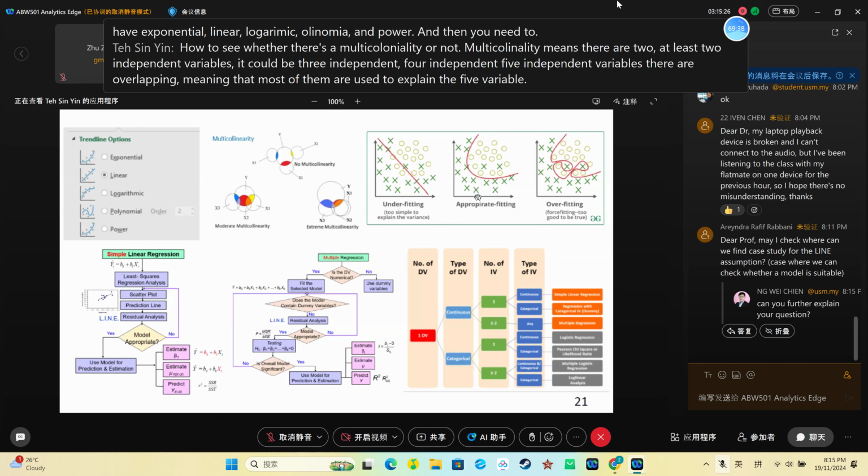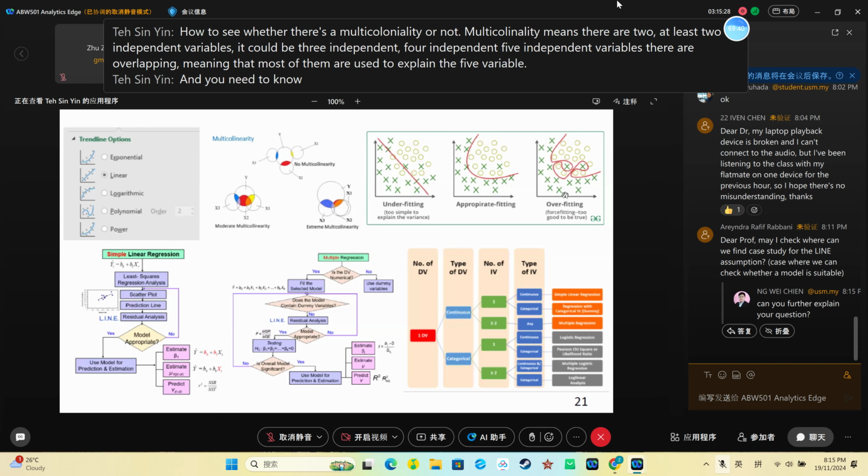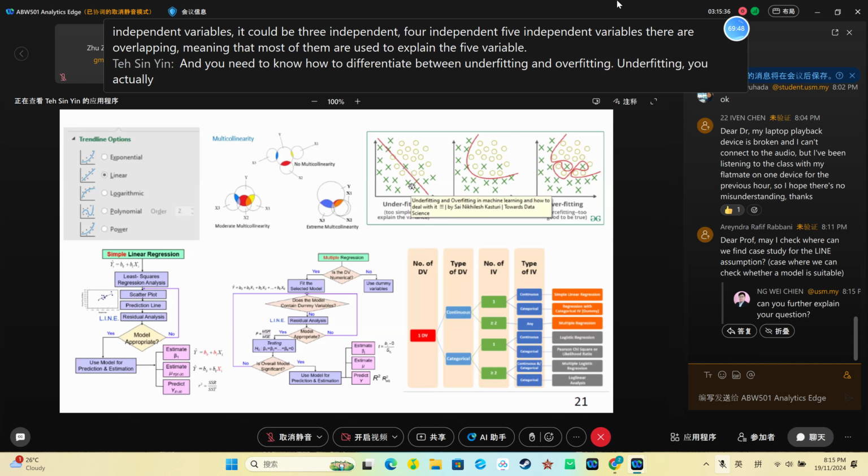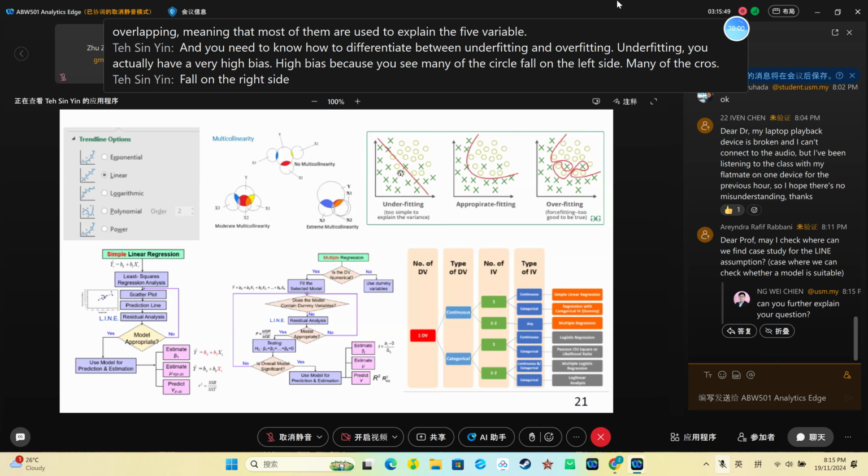Okay, and you need to know how to differentiate between underfitting and overfitting. Underfitting, you actually have a very high bias, because you see many of the circles fall on the left side and many of the crosses fall on the right side. So it has a very high bias.